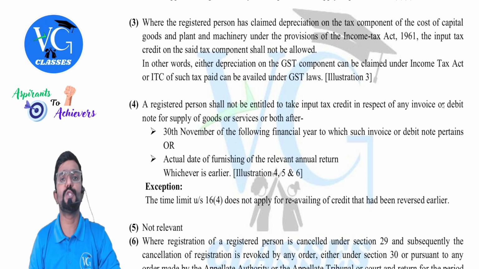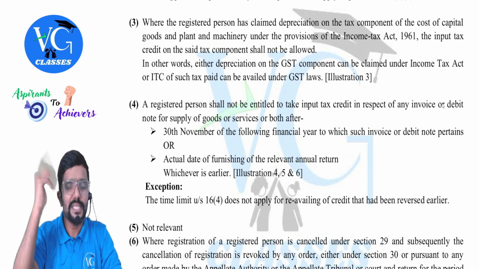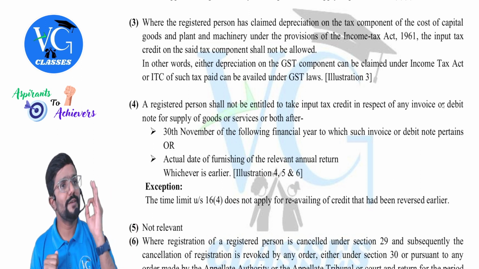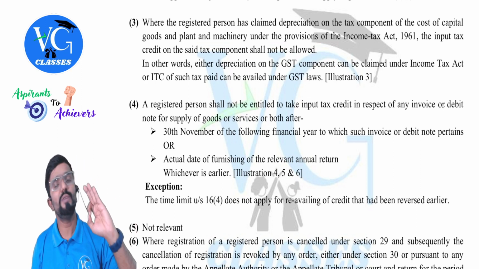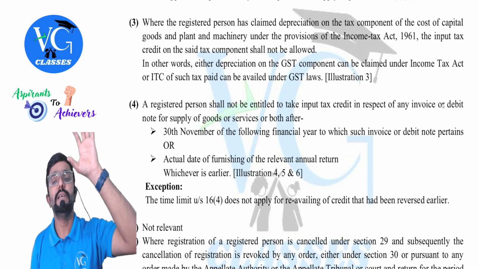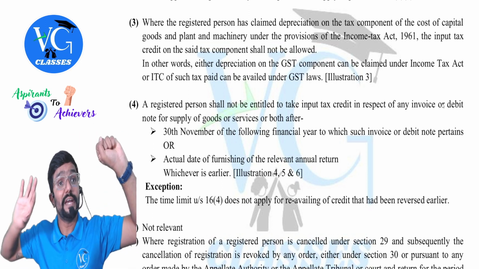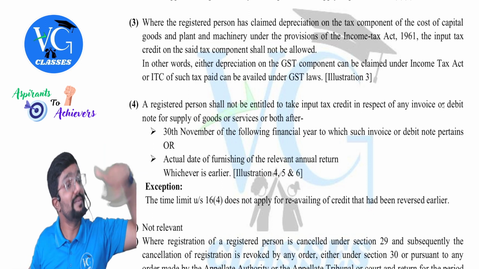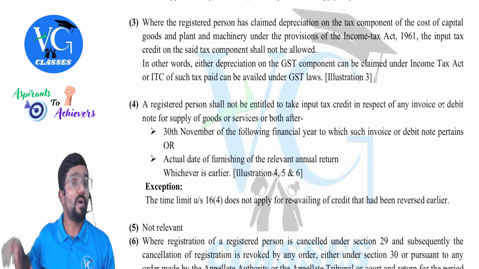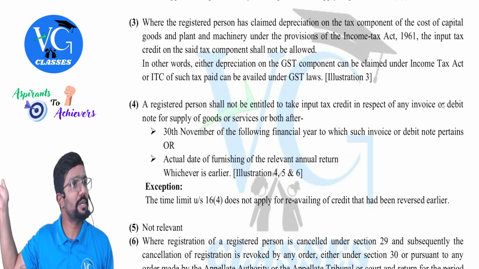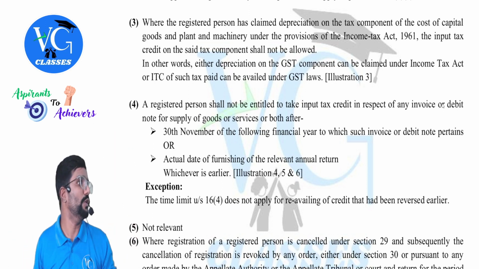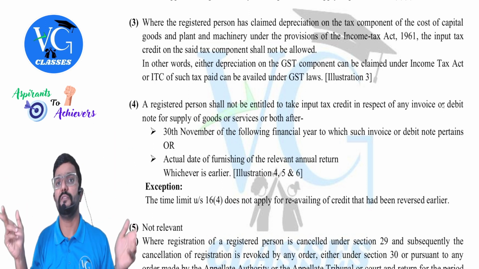Asset acquired and put to use during the previous year. Now the key point, sir, what is connected to GST? Guys, if GST is paid on the purchase of an asset, did we add it to the cost? We learned there that only if credit is not available in GST, we will add it to the cost. What if credit is available? You will get the benefit in GST. So should we add it to the cost in income tax? No. Don't claim both benefits.